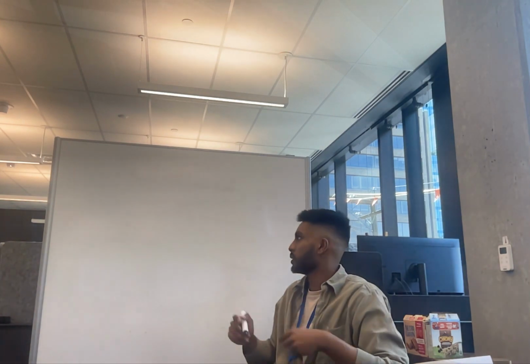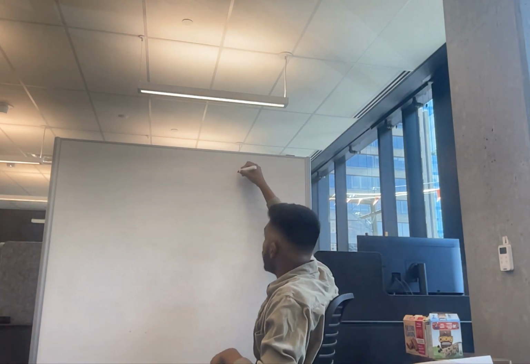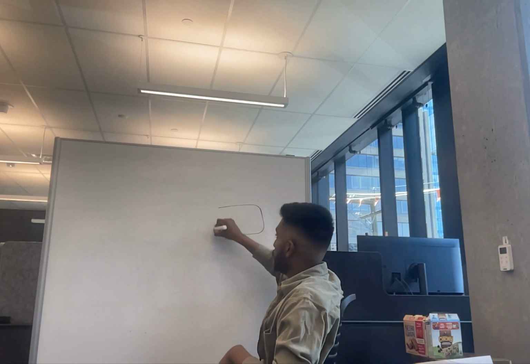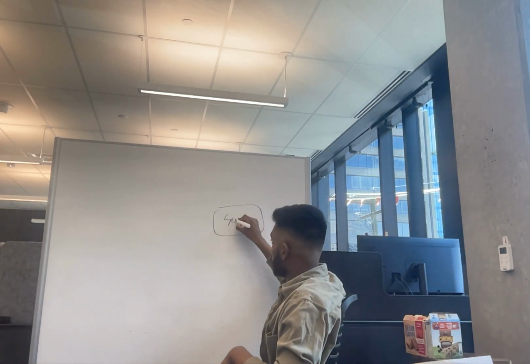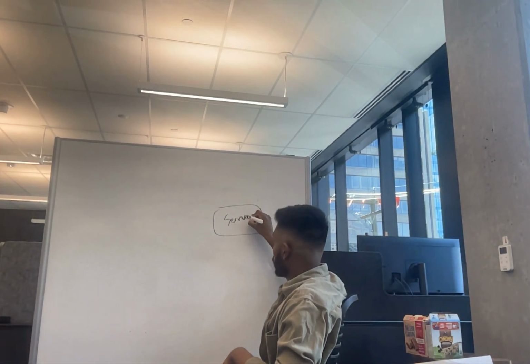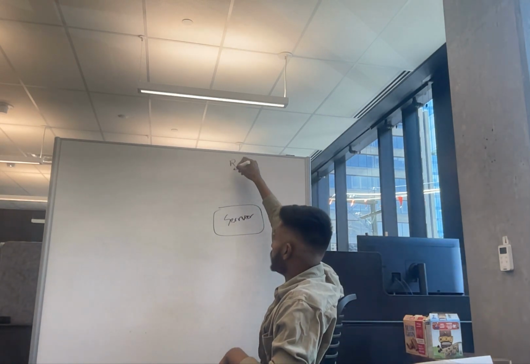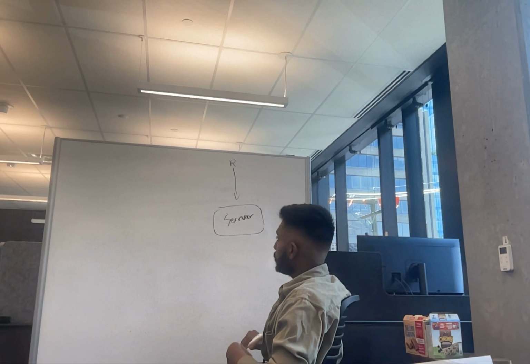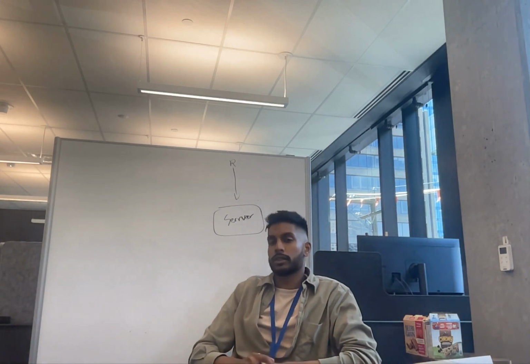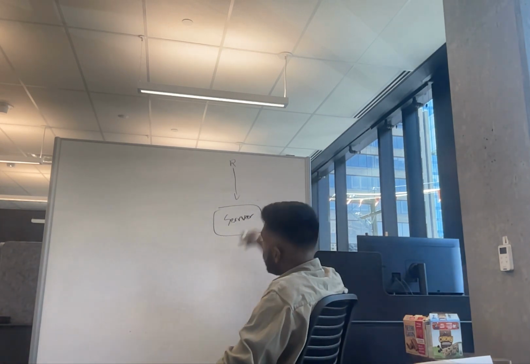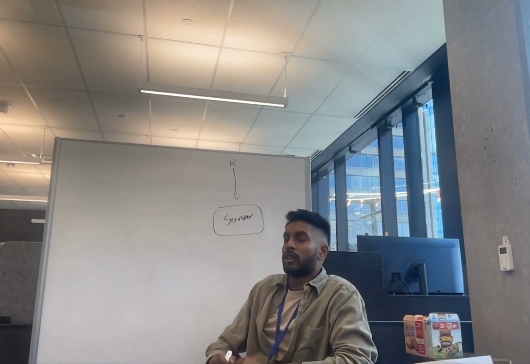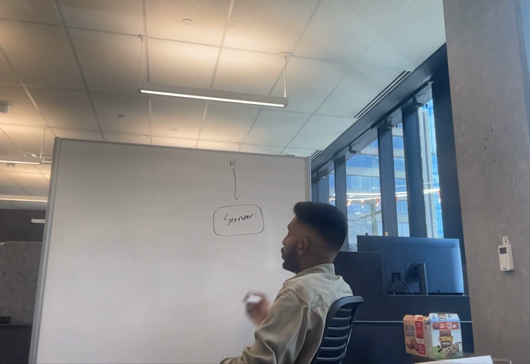So let's think about a system, and we start off with just a single server hosting some database and whatnot, and we have some requests coming in. And this is how we're serving our user. And now let's say we have just like a few requests coming in, and we want to increase the performance, right?